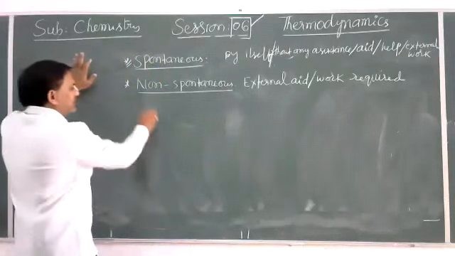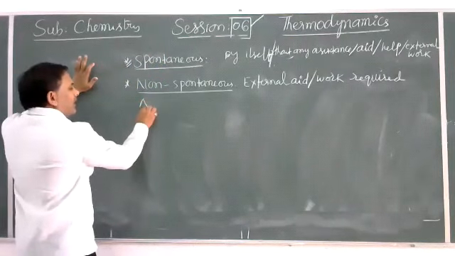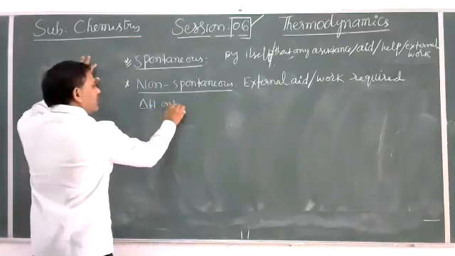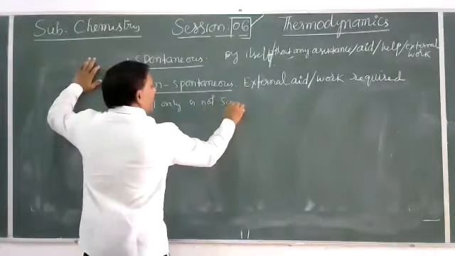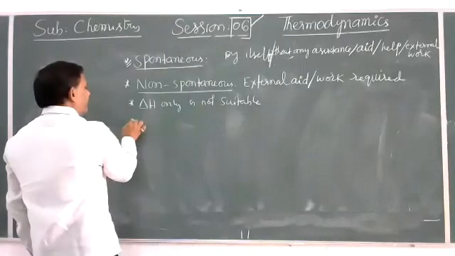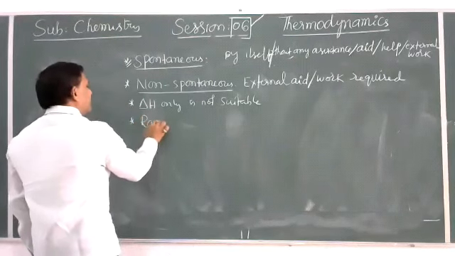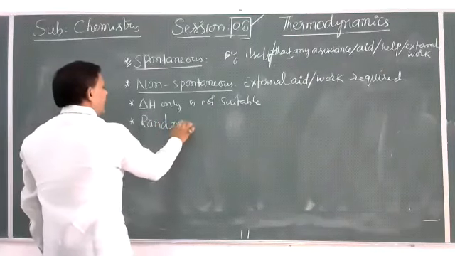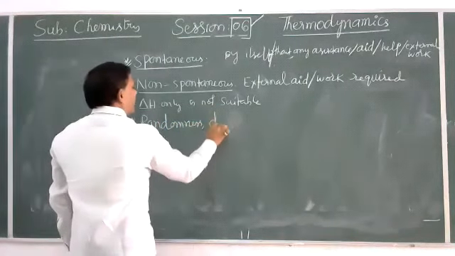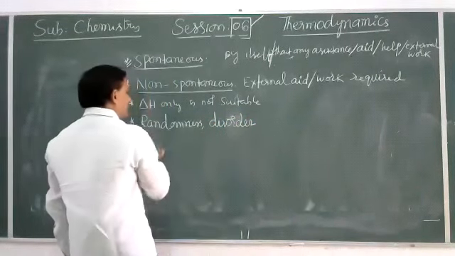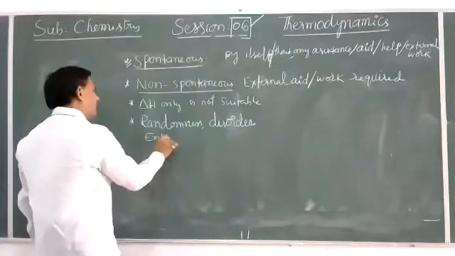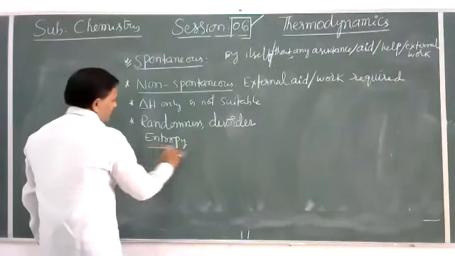To explain this, delta H only is not suitable to explain spontaneity. We want one more important factor, the randomness or disorder of the system, a measure of disorder, that is called entropy.